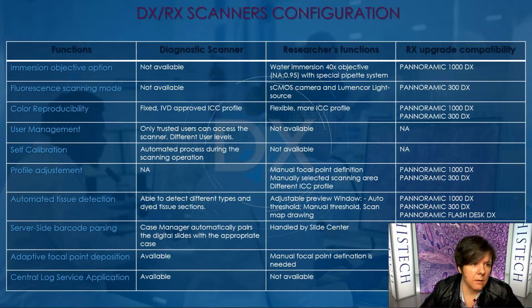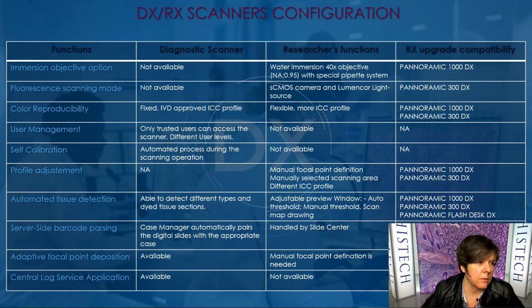If we take a quick comparison between the DX and the Erisc scanners, we can say that the diagnostic scanner can use only a fixed IVD-approved ICC profile, while the research scanner software uses flexible, multiple ICC profiles to define the correct colors of the slides.